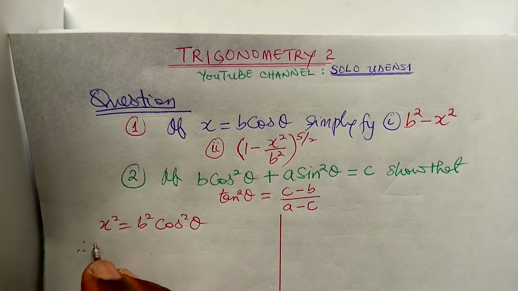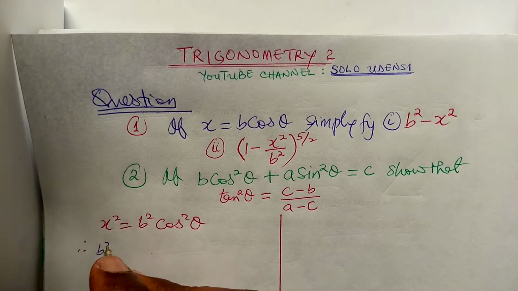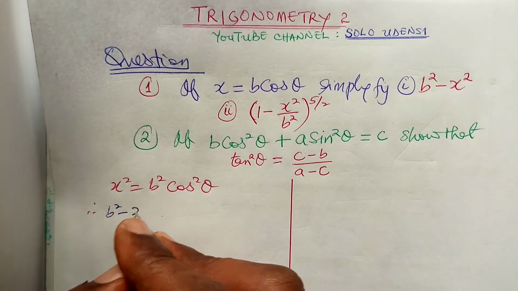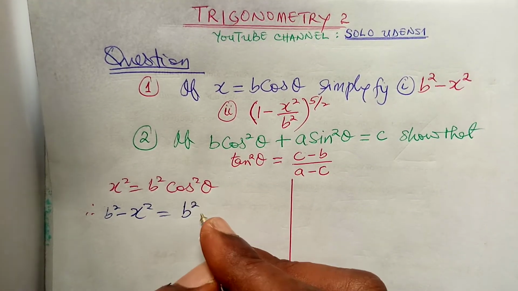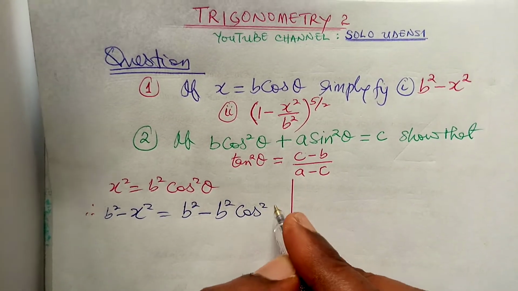Therefore b squared minus x squared is equal to b squared minus b squared cos squared theta.